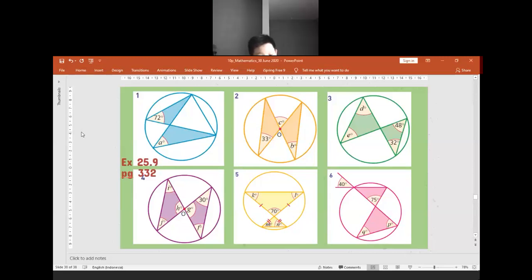Okay, if you forget, what did we learn yesterday? Angle at the center. The angle at the center is twice the angle at the circumference.